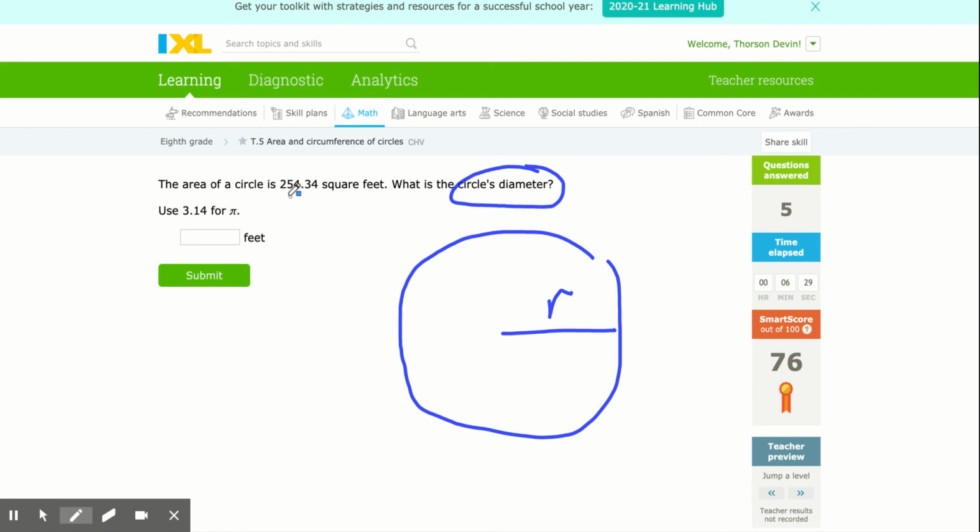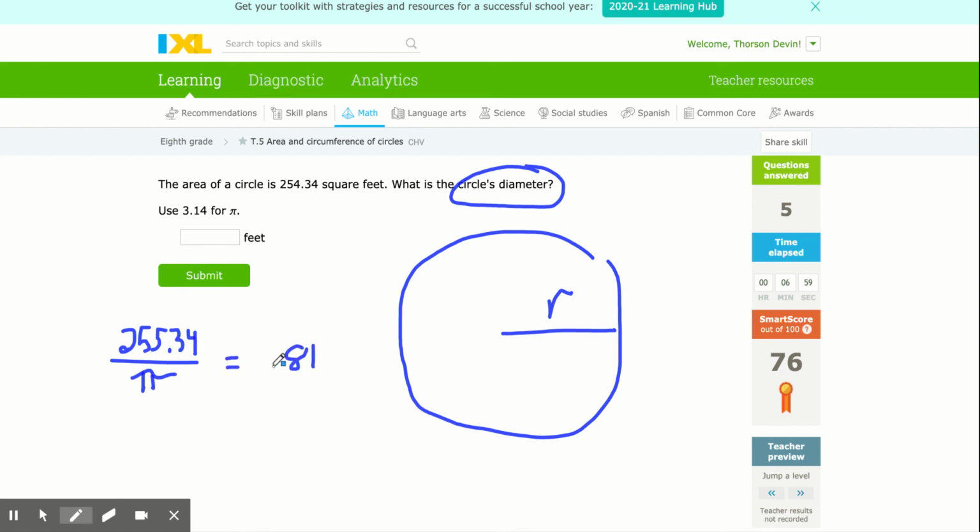So to find the radius first, if it gives me the area, I'm first going to divide 254.34 by pi, or 3.14. So 254.34 divided by 3.14 gives me, of all things, 81.